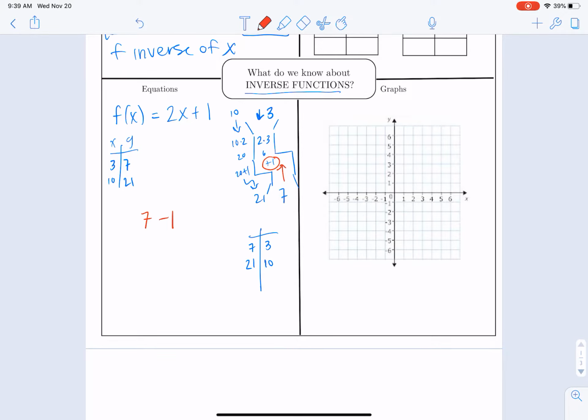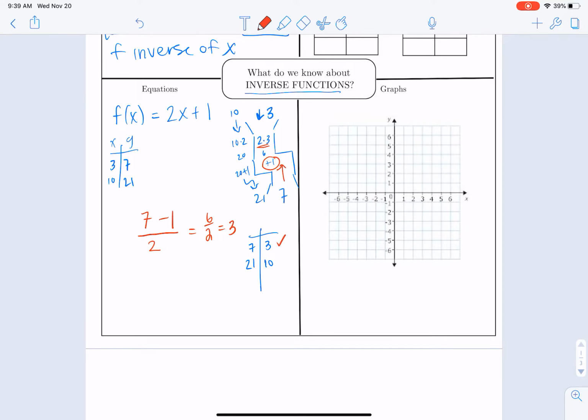And adding 1 was the most recent thing that I did. So I want to take 7, I want to subtract 1, and then if we look here, it looks like I multiplied originally by 2. So I just want to take this whole thing and I want to divide by 2. So 7 minus 1 gives me 6 over 2, which gives me 3, and that works.